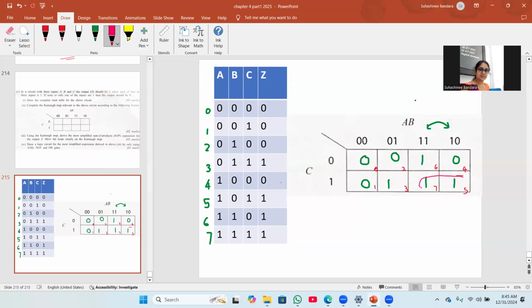This is one group. What is the name of this group? When you keep the I here, you will get C on this side, then on the top, A. So it is better to mention which group this is: A, C. Then I'll take another color.